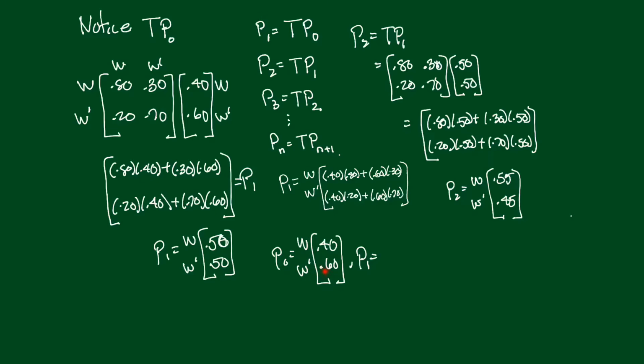So P1 is going to be T times P naught, and what we got for that one was 50, 50. And then the transition matrix times P1 gave us P2 for the granddaughters, and that gave us 55% and 45%. And then we could go on, right? We could get P3, the great-granddaughters.